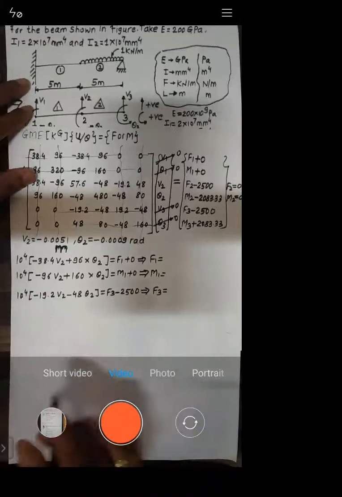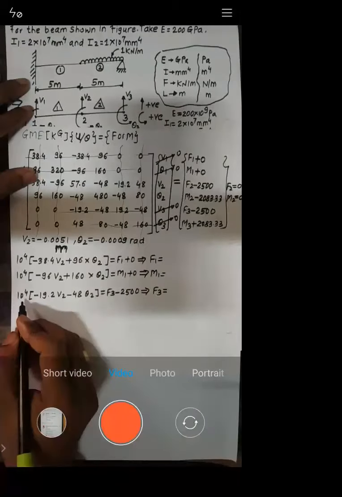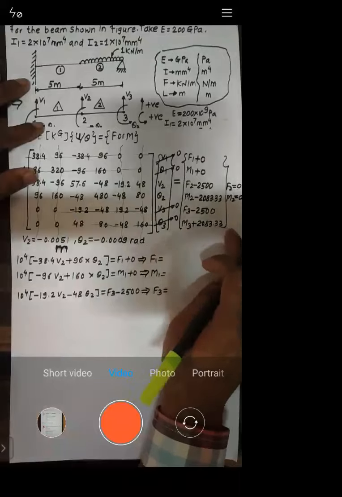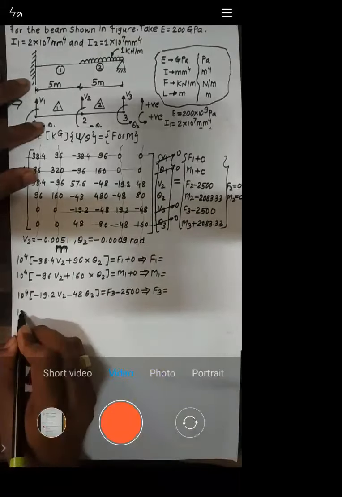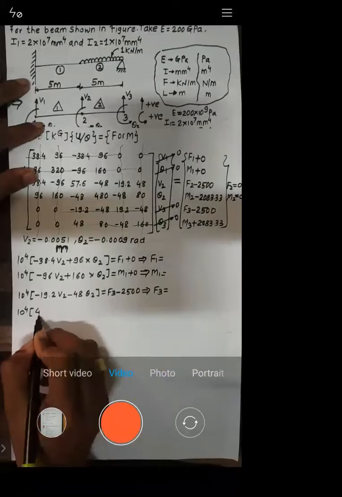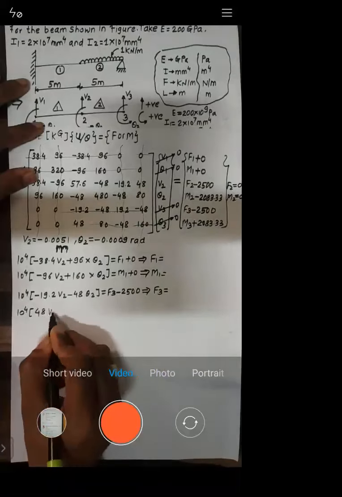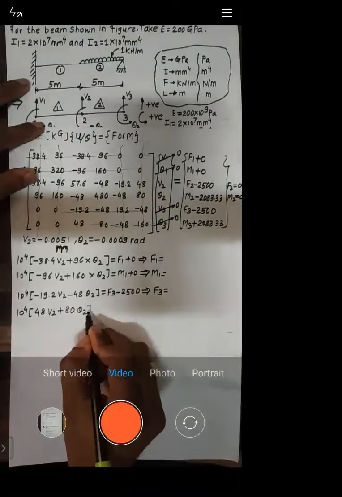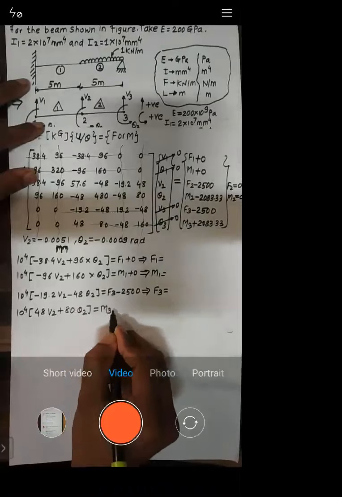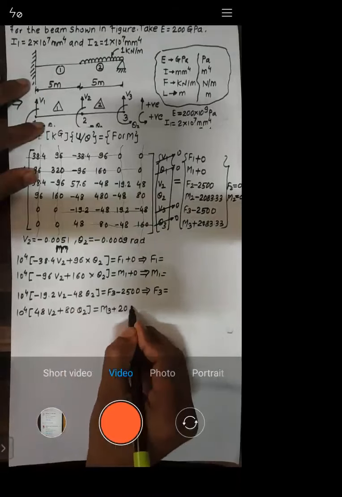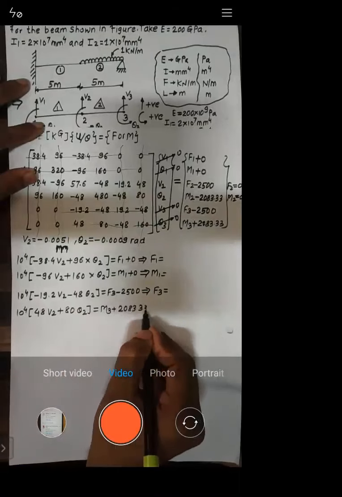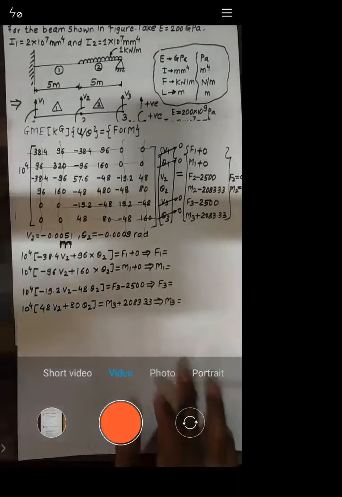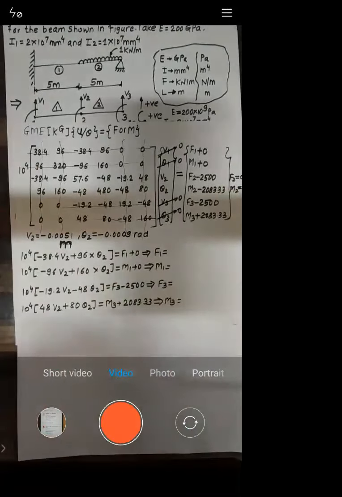Similarly, last row into this column is equal to M3 plus 2083.33. So 10 raised to power 4, 48 V2 plus 80 theta 2 is equal to M3 plus 2083.33. So tell me the value of M3. You tell me F1, M1, F3, M3. Immediately tell me.